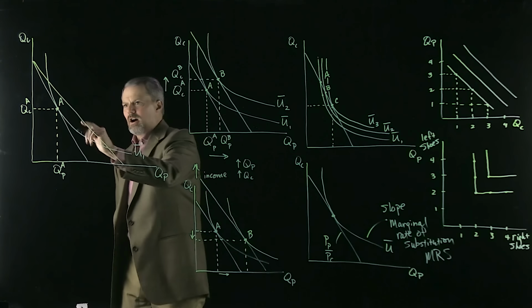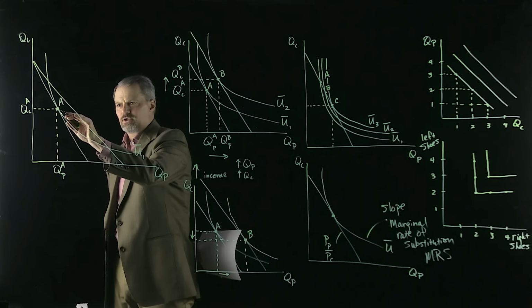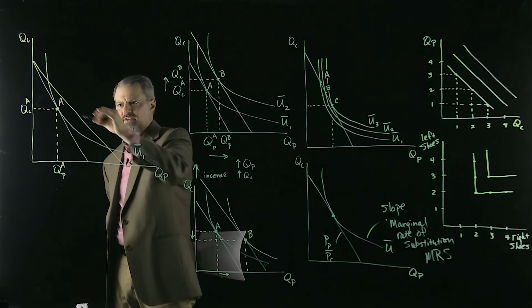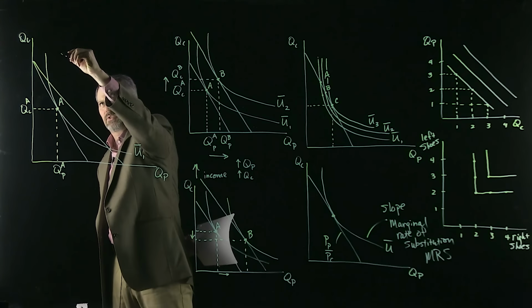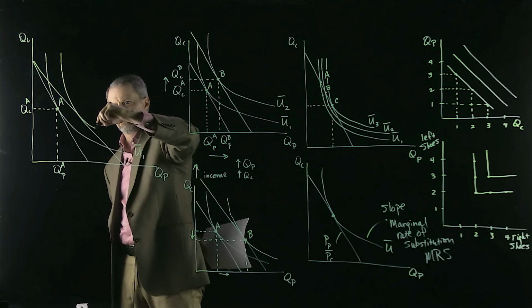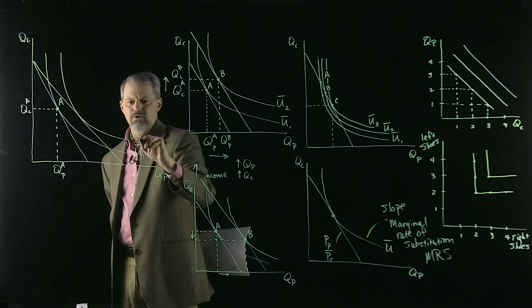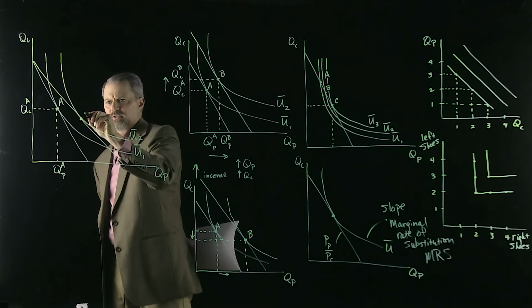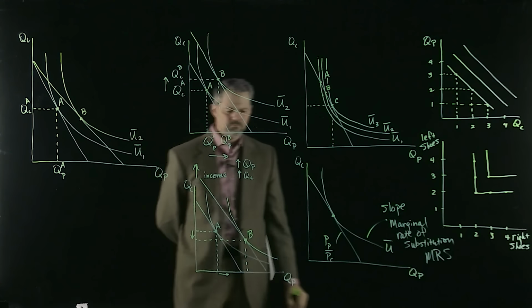And so now the consumer would no longer choose bundle A. They're going to choose a bundle on this new budget constraint. Let's suppose they choose a bundle down here on indifference curve U2. That bundle right there, we'll call it bundle B.